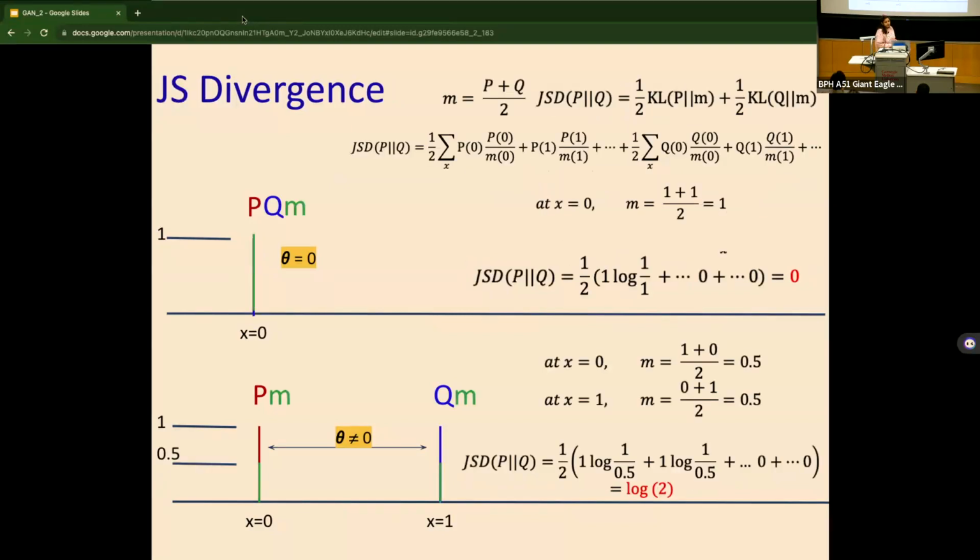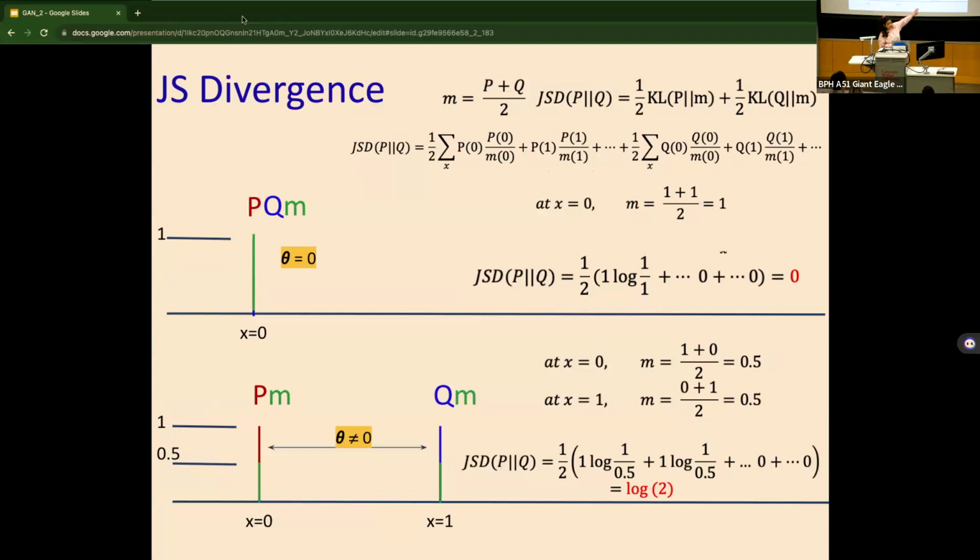Okay, so we sort of improvised that with JSD, or JS divergence. And here we calculated a mean of the two distributions first, and then we calculated the KL divergence with respect to this particular mean distribution. And then we have a joint kind of expression over there for the JS divergence. So how this helps us is that earlier the value that we were getting as 0 in the denominator now becomes 0.5 because now we are comparing it with the mean distribution over here, right?